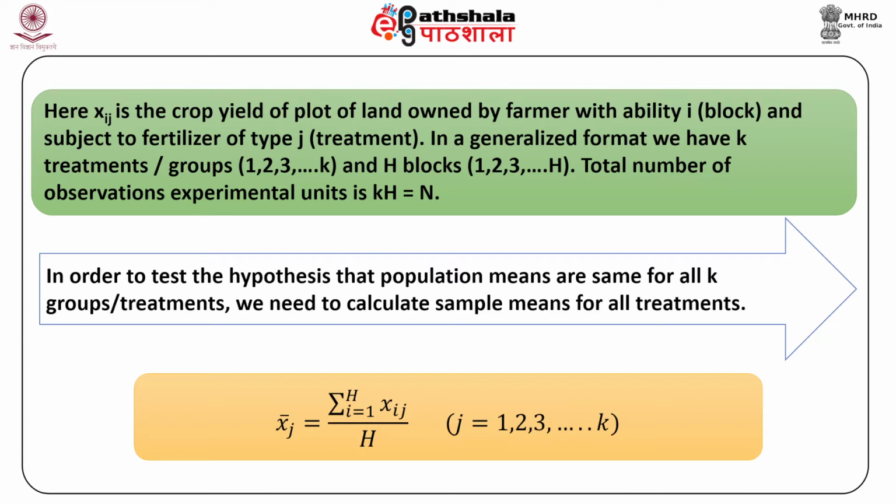So we denote Xj bar equal to summation of Xij, where summation is over I, which ranges from 1 to H, divided by H, and J ranges from 1 to K. So for each J we calculate Xj bar.